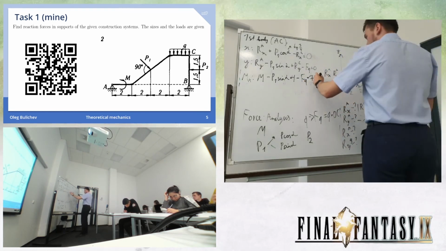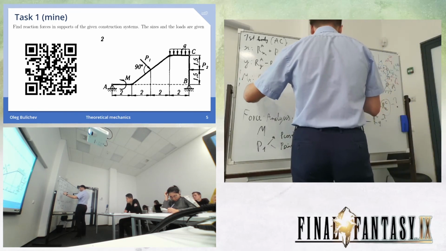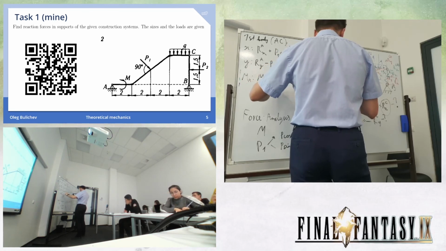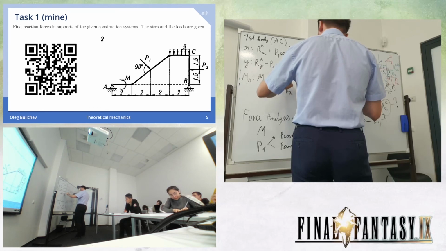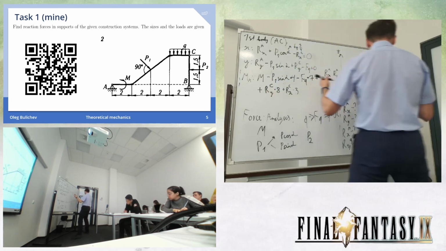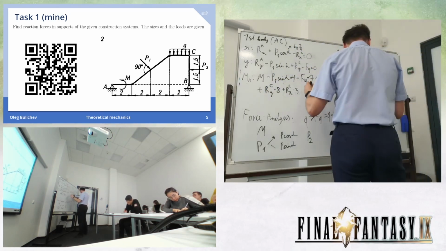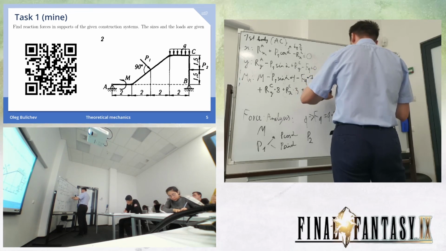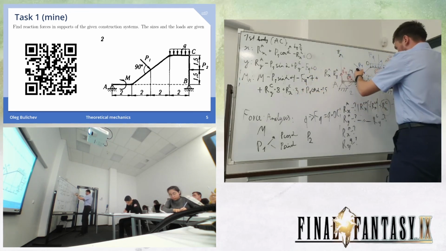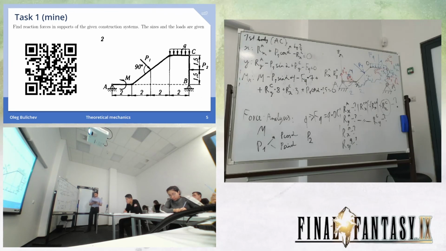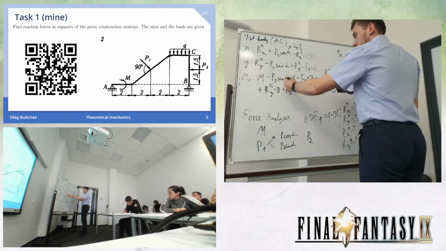Because again, plus Ly C A plus RxC times 3, plus P1 sine alpha times 1. What is R1 there? R gamma. RX.